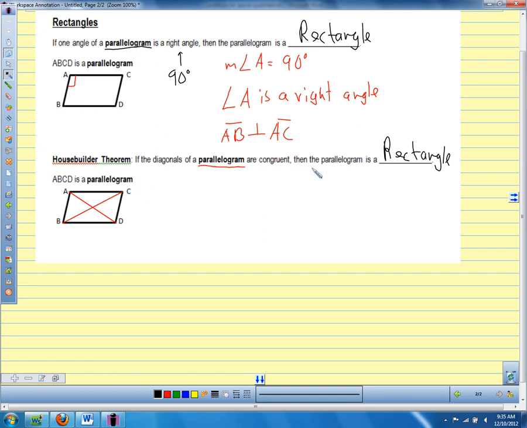So if the diagonals are congruent, then the parallelogram is a rectangle. It's kind of hard to make the tick marks on the diagonals here, so we'll just write it out in symbols. We would say that AD is congruent to BC.